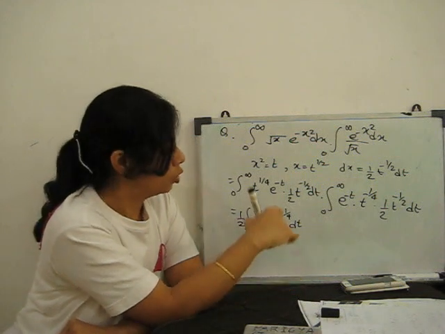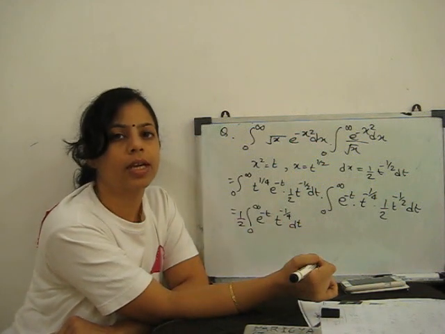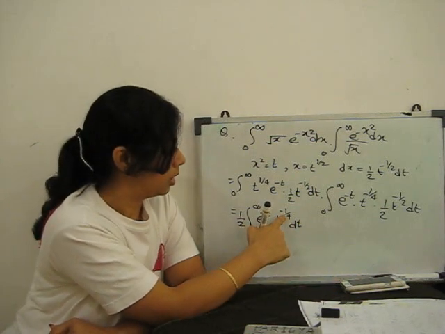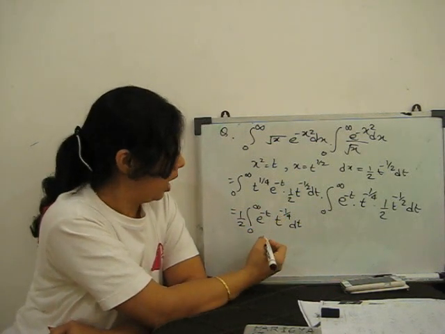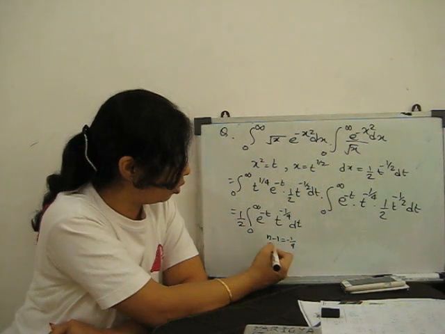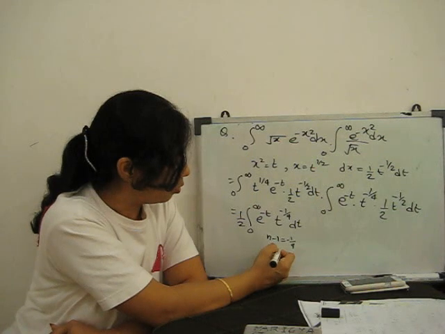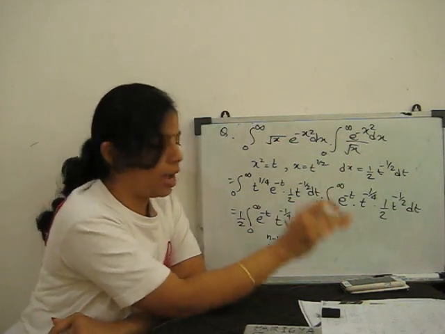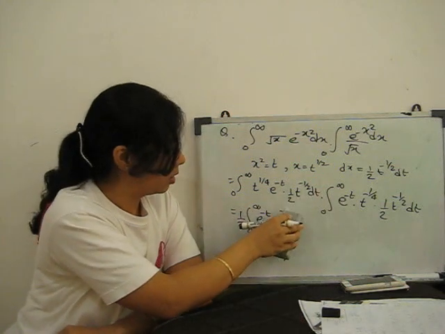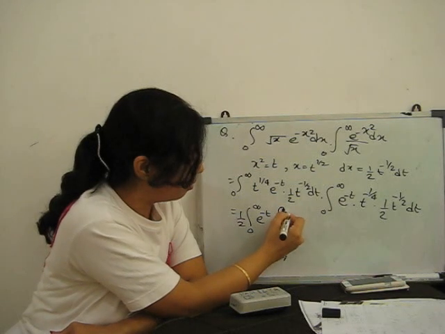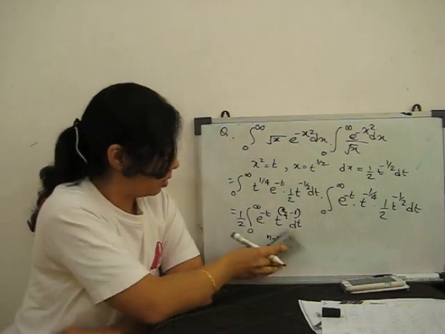Yes? So minus 1 by 4 we can write as 3 by 4 minus 1. Comparing n minus 1 equal to minus 1 by 4, n is equal to 3 by 4. So I write here gamma of 3 by 4.